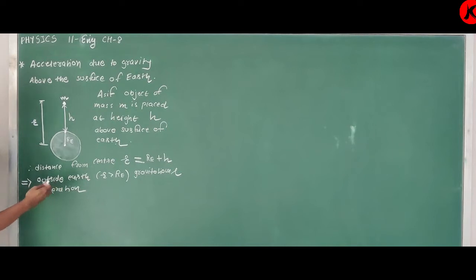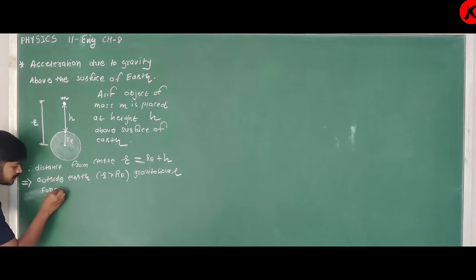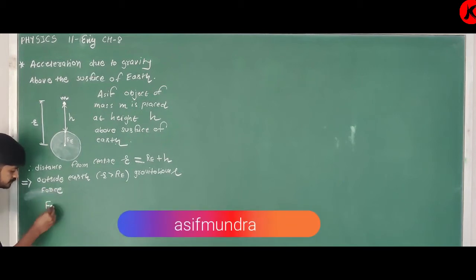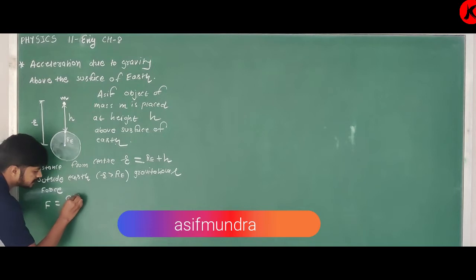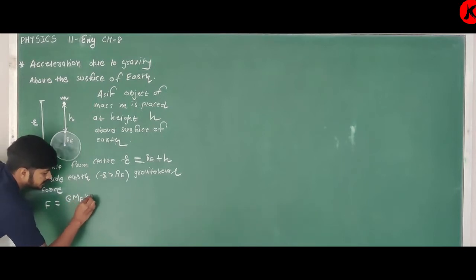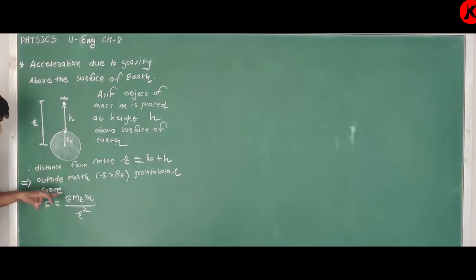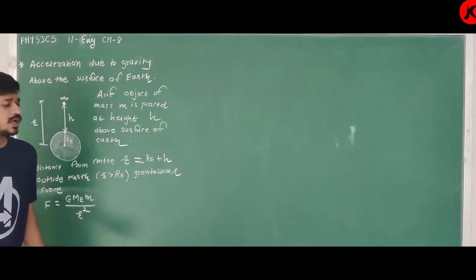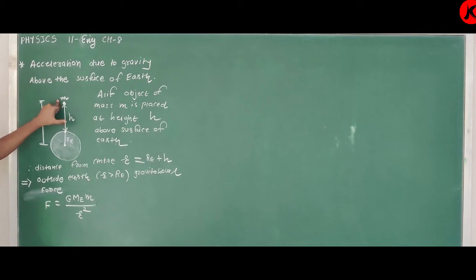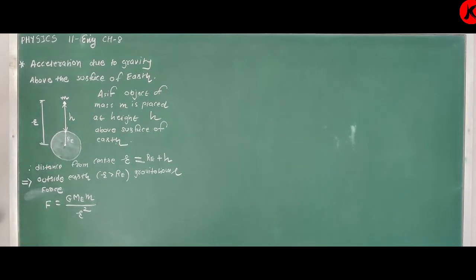Or if we want to find it step by step, outside Earth the gravitational force F is equal to G M m upon r square.